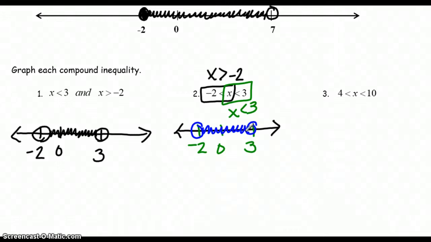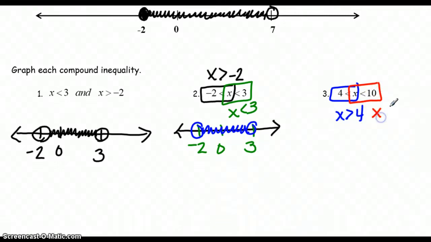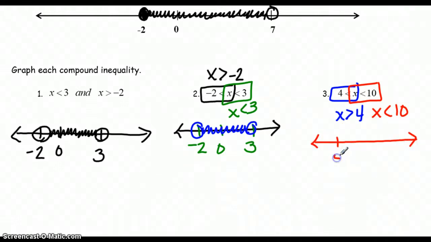Number 3. Again, we have two inequalities. x is greater than 4 and x is less than 10. And if we plot that, our graph would have an open dot on 4 and an open dot on 10, and we would be representing the numbers in between.